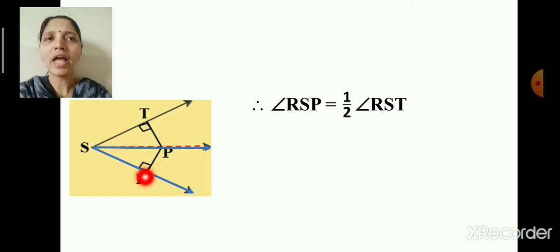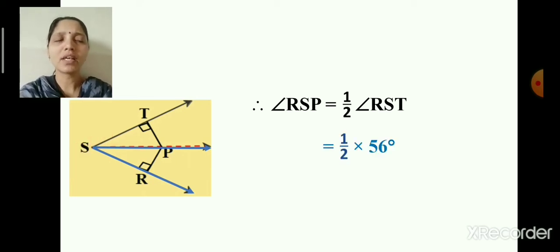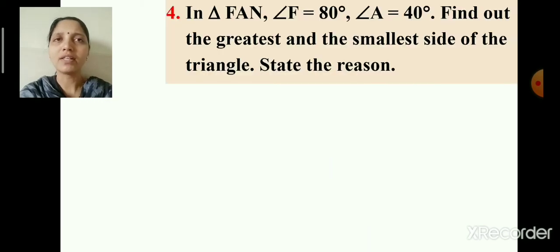Therefore, angle RSP will be equal to half the measure of angle RST. Now substitute the values, that is equal to half into 56 degrees, that is equal to 28 degrees. Hence angle RSP is equal to 28 degrees. So this will be your final answer.